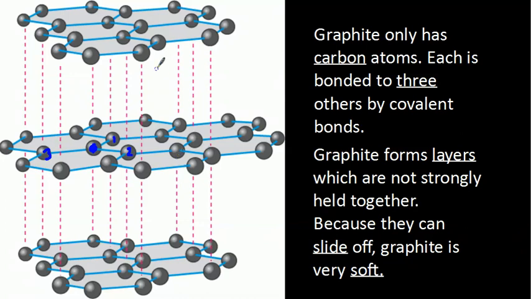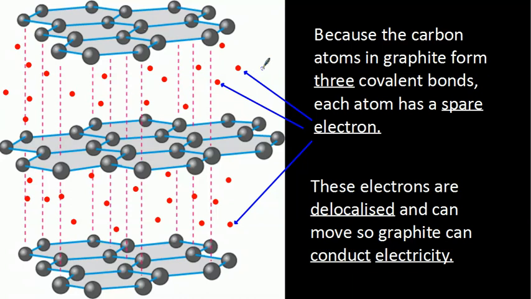But because they are not strongly bound to each other, it means that they can slide over each other. And because they can slide over each other, it makes graphite very soft, and that is why you've got graphite in your pencils, because as you drag your pencil across the paper, you are actually sliding off some of the graphite from your pencil onto the paper.